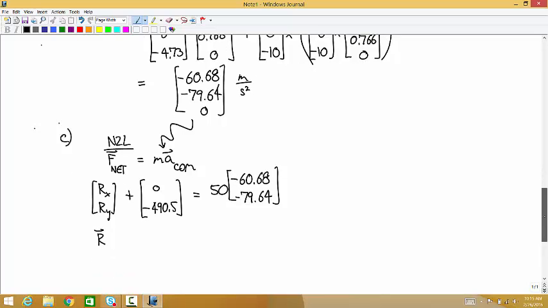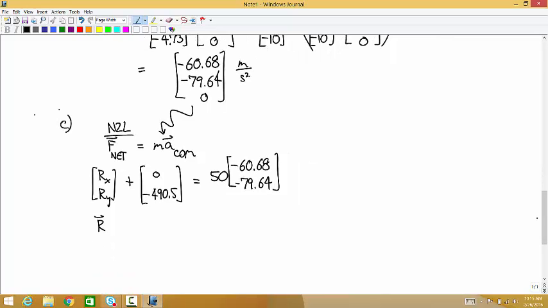And so what do you get for R? We got negative 3,034 and negative 3491.5.